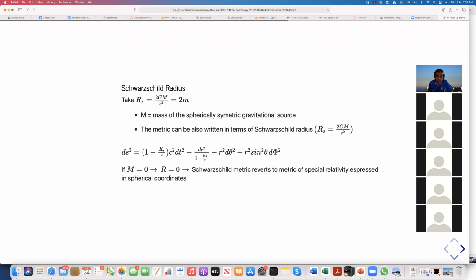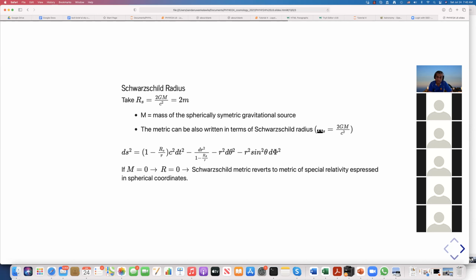And you can see that if the mass M goes to 0, the Schwarzschild radius Rs will also go to 0. And when this happens, the Schwarzschild metric reverts to the metric of special relativity expressed in spherical coordinates, right? That is when the mass goes to 0, which means you don't have a gravitational source.